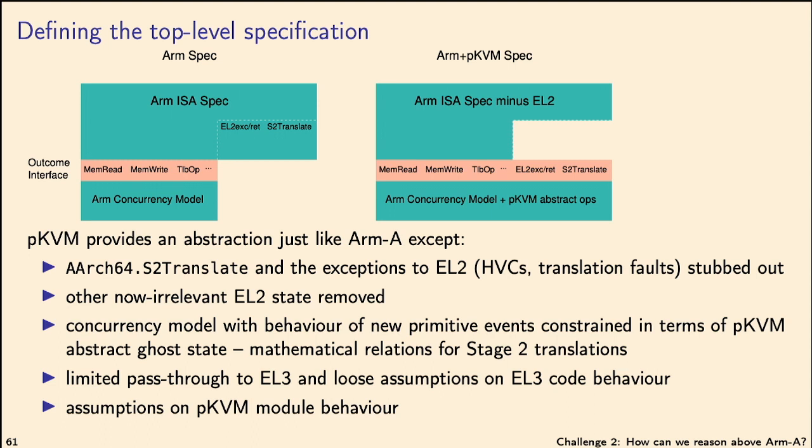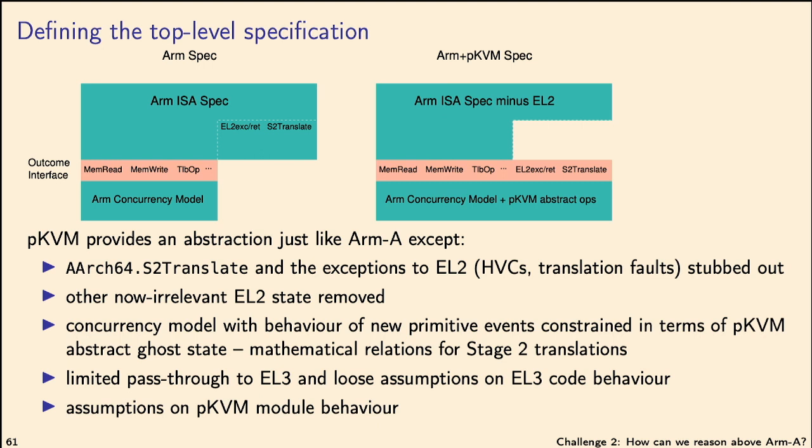So it provides an abstraction just like the ARM spec, which is the ISA glued onto the concurrency model via this nice interface, except that these stage 2 translation functions that I showed you the types of, and the semantics for EL exception and return to and from EL2 have to be ripped out. That's kind of easy because there are nice function interfaces within that spec to do the ripping along. And some other now irrelevant EL2 state has to be ripped out of the model.